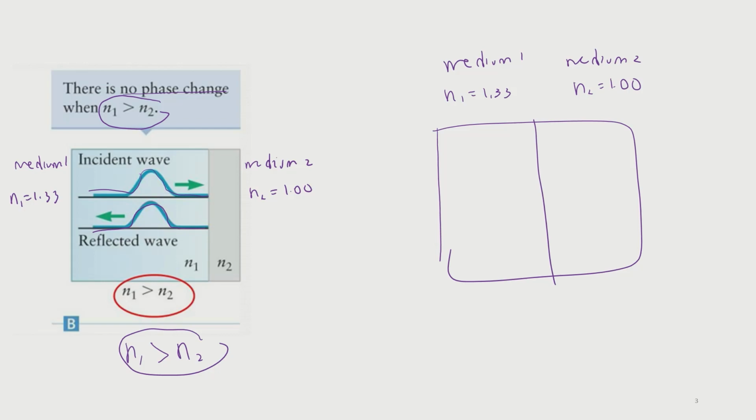Say the incident wave is negative then positive. This is the incident wave, and the reflected wave will also be negative then positive. As you can see now, we can use the same analogy as before. 1.33 is higher compared to 1.00.